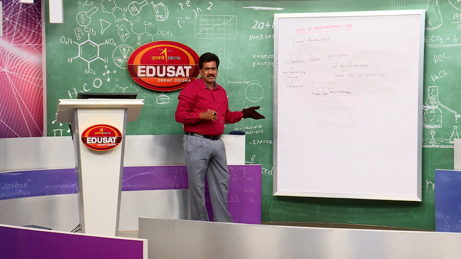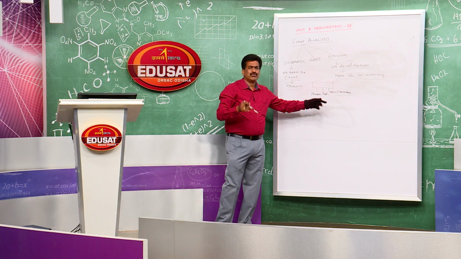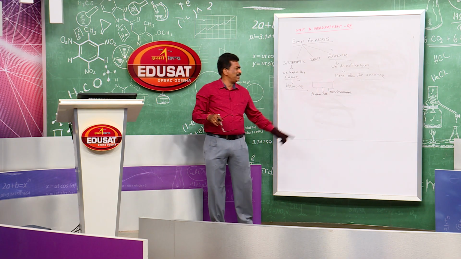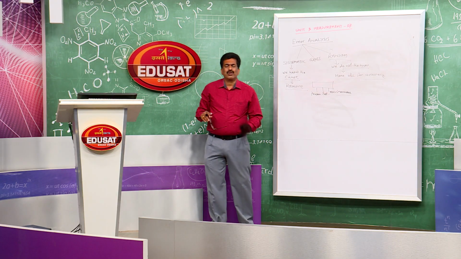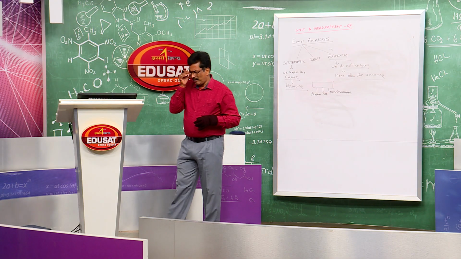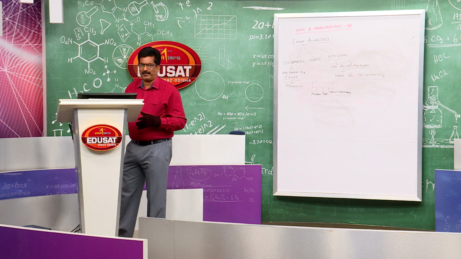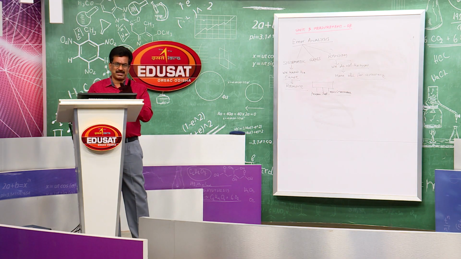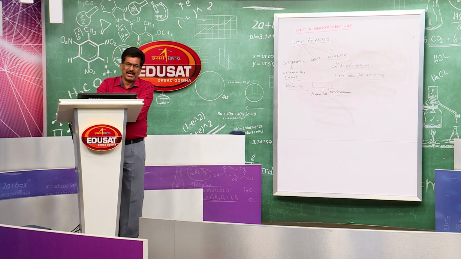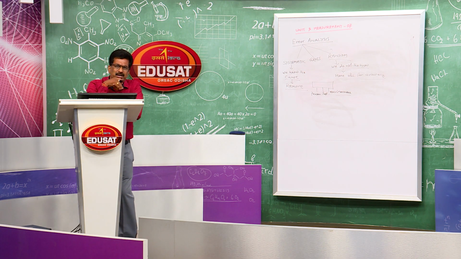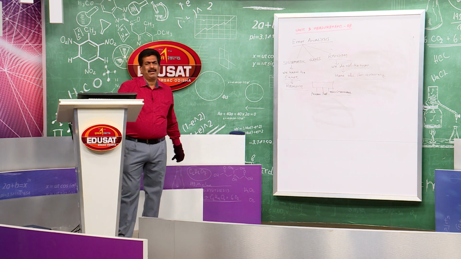Due to the person the error will arise, due to the instrument the error will arise, and due to the environment the error will arise. And what are the examples for that? Personal errors arise due to faulty procedures adopted by the persons making the measurement.